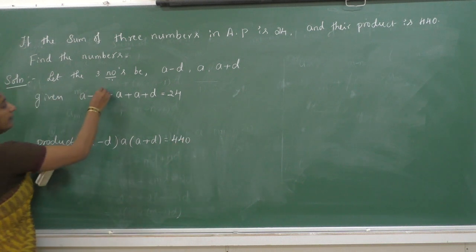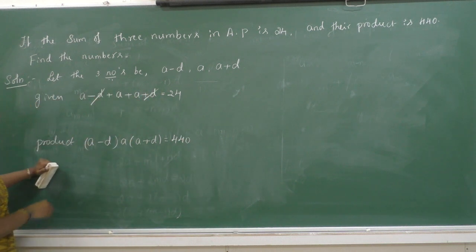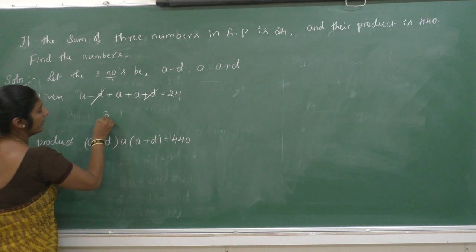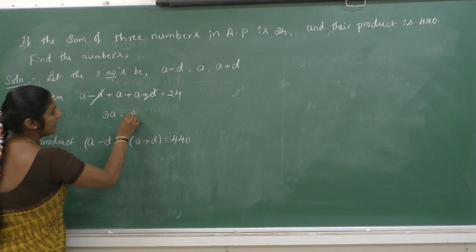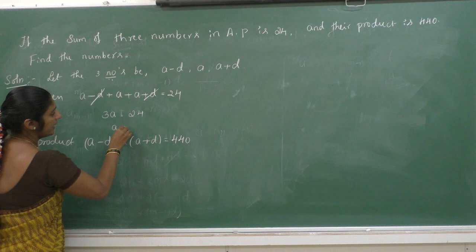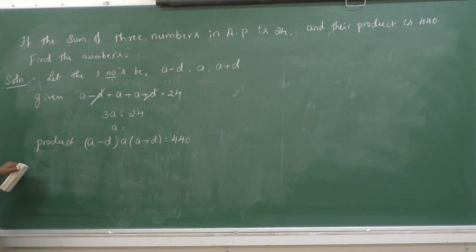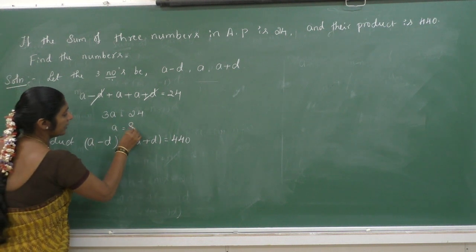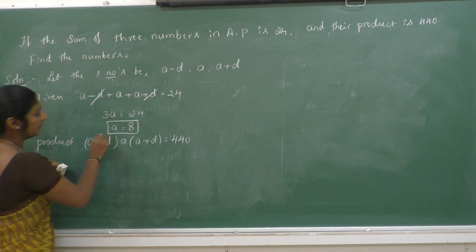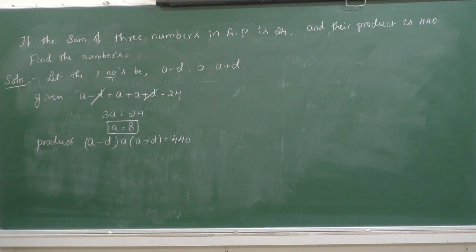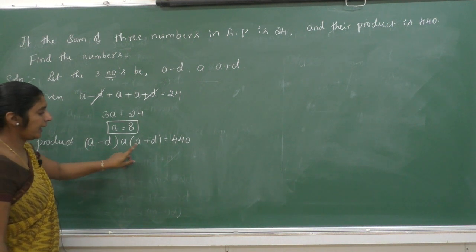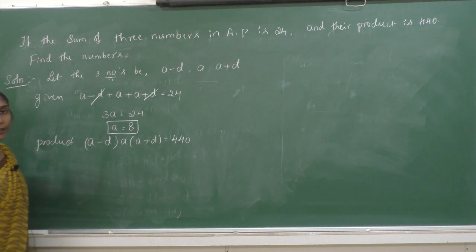So a minus d plus d gets cancelled. So we remain with 3a is equal to 24, a is equal to 8, 3 8s are 24. Then the product a minus d, a, a plus d is equal to 440 ಅಂತ ಕೊಟ್ಟಿದ್ದಾರೆ.